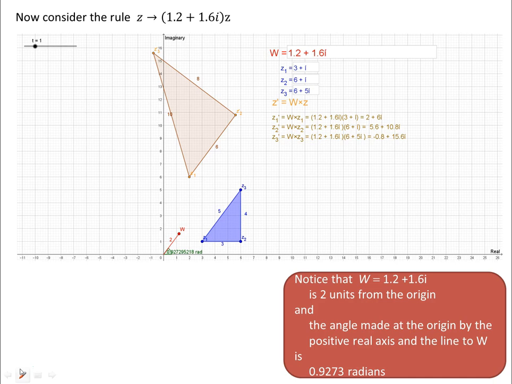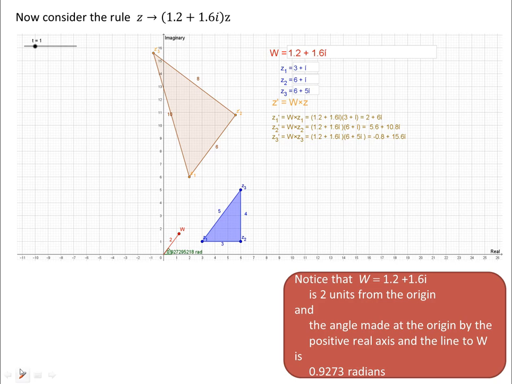Now the first thing I want you to notice is that the sides in the brown triangle are twice the size of the corresponding sides in the blue triangle, which suggests that in moving from the blue triangle to the brown triangle, there is certainly an enlargement involved.